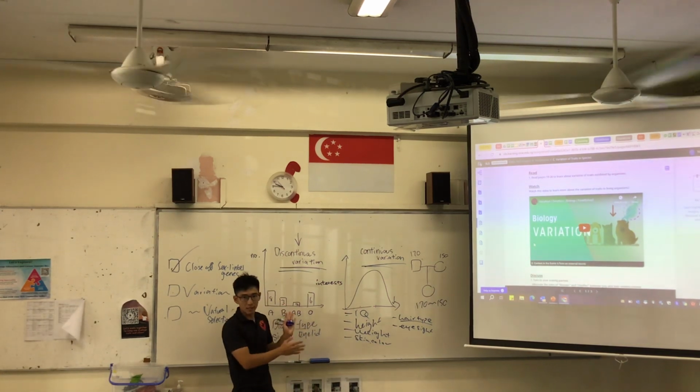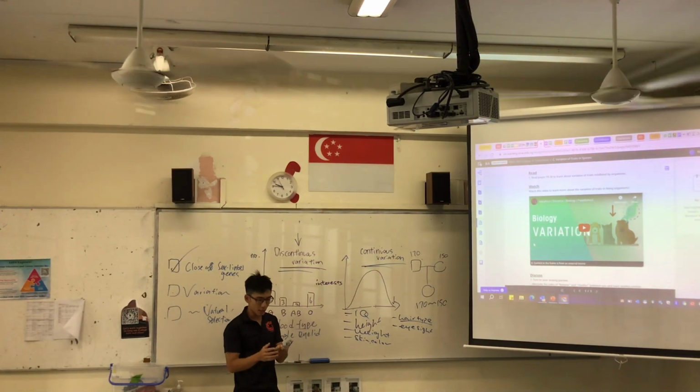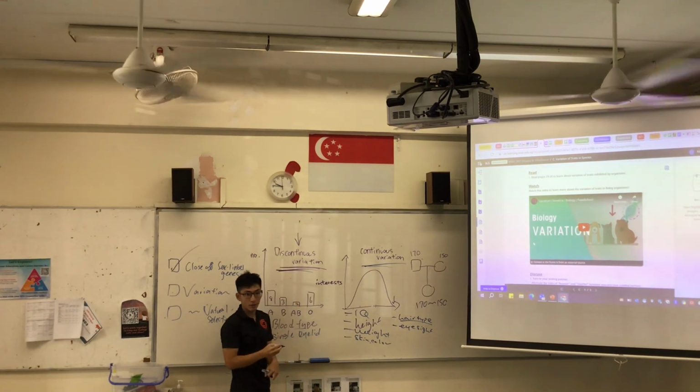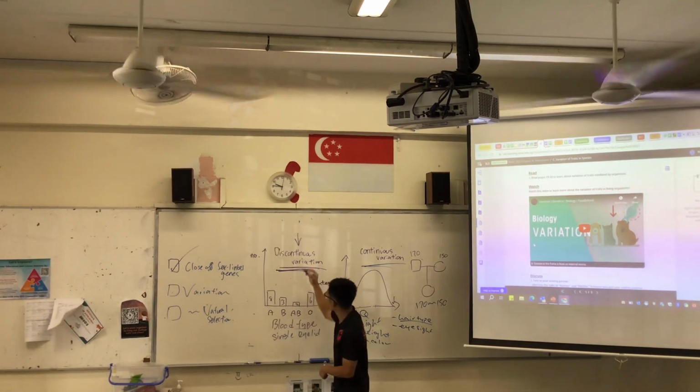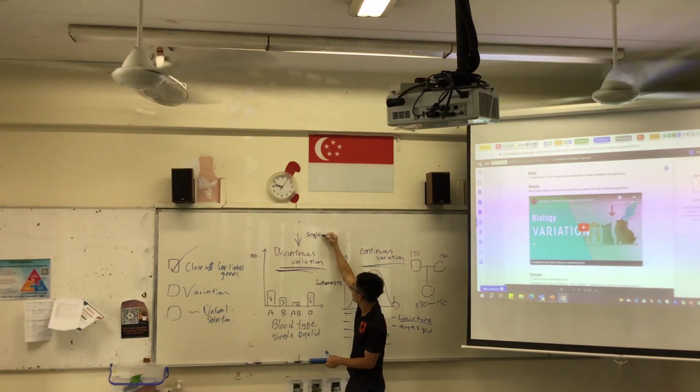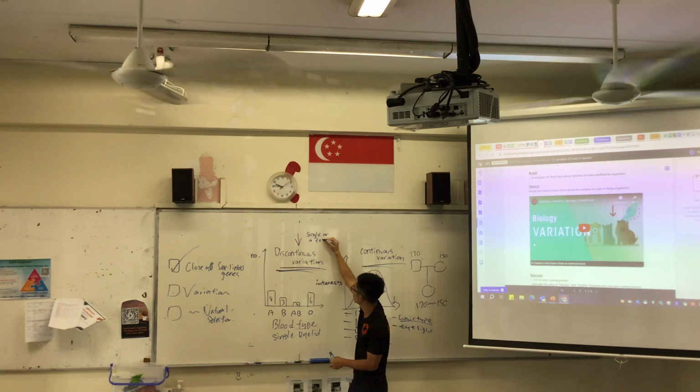Some other interesting things about this continuous and discontinuous variation. I think one important thing to think of is this. When we look at discontinuous variation, very often we are just looking at single or a few genes.